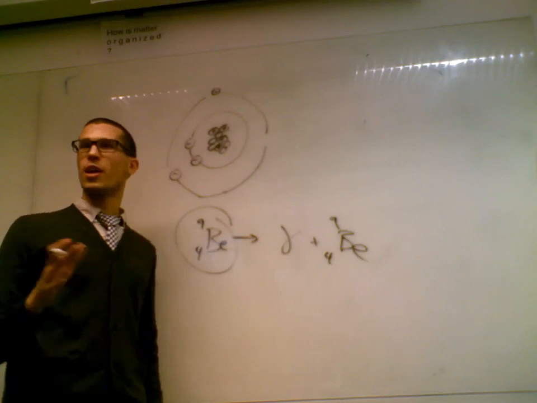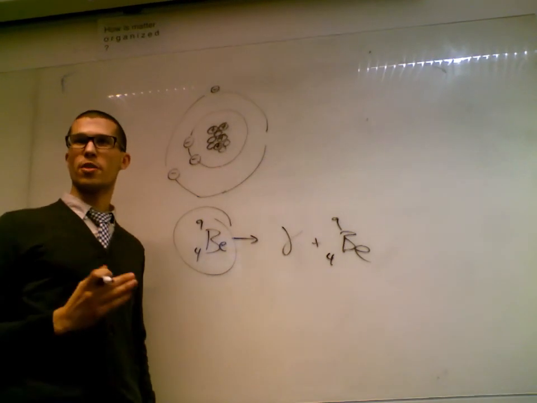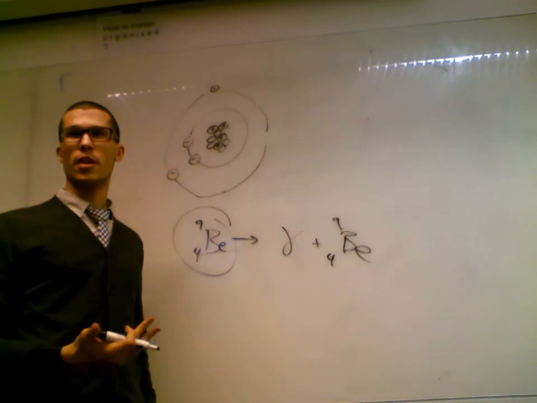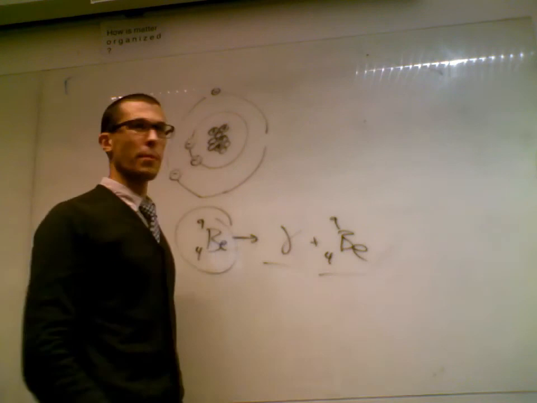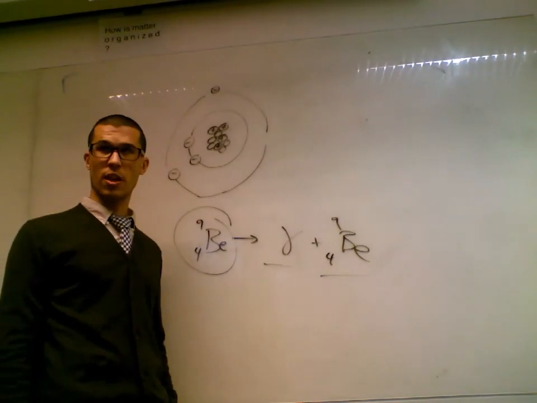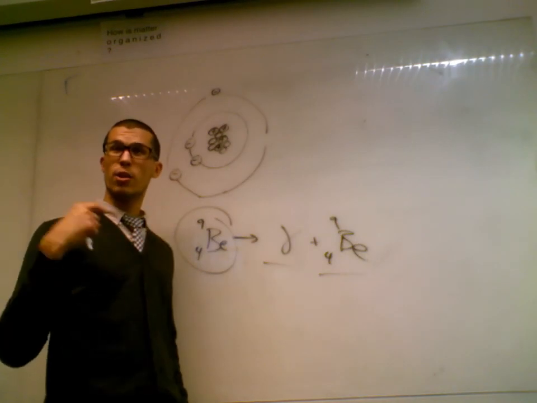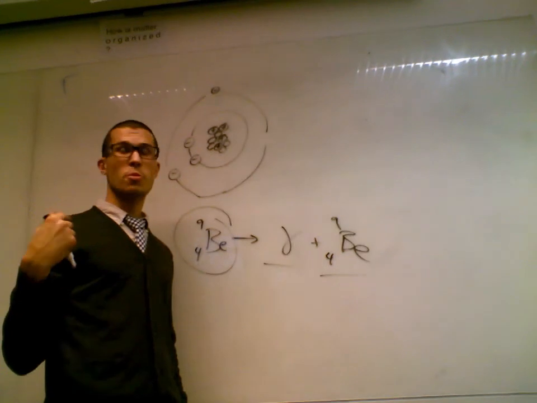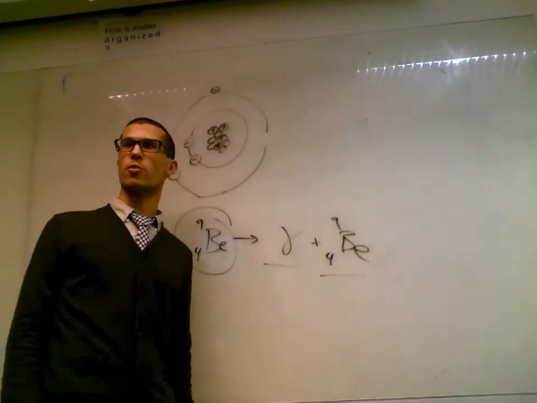What's really going on there is the protons and neutrons are shifting in such a way that it just gives off energy, does not give off any mass. So we're not going to be showing any mass given off, it stays the same. That energy is so strong that it can go through just about anything, and lead is the thing that can stop it. And it has to be a thick piece of lead too.